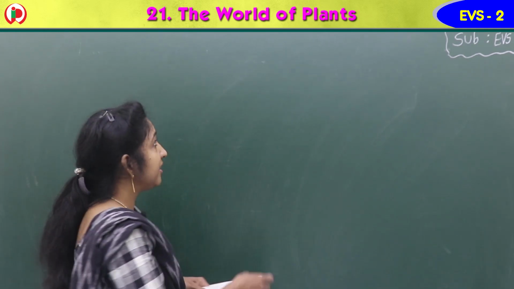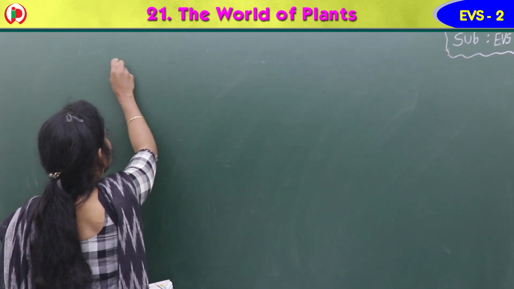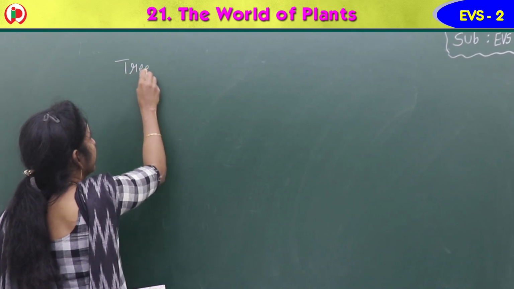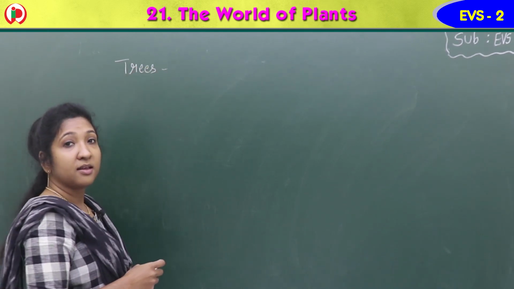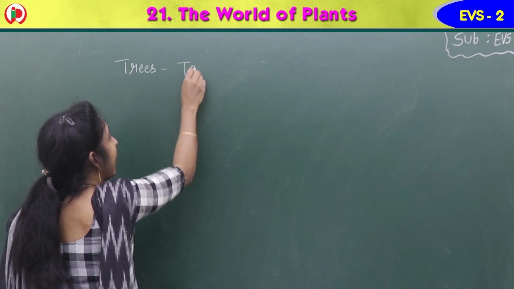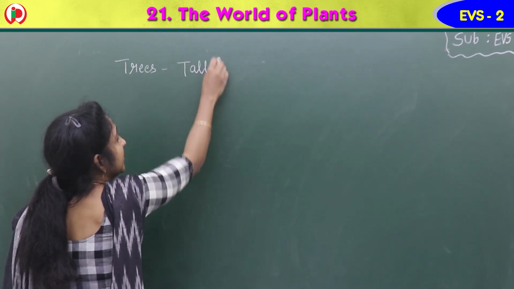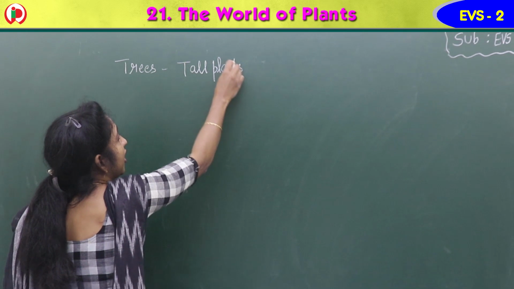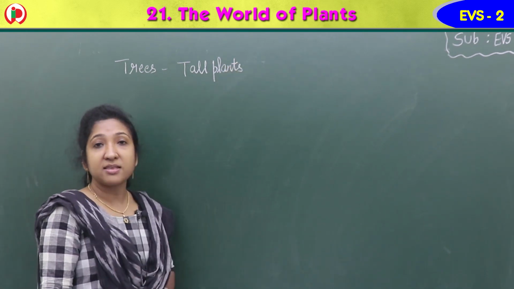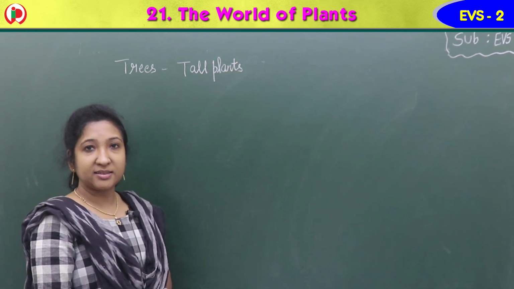Yes, we learned about the first one, trees. Trees are tall plants, or big plants, called trees. T-A-L-L, tall plants or big plants are known as trees, isn't it?